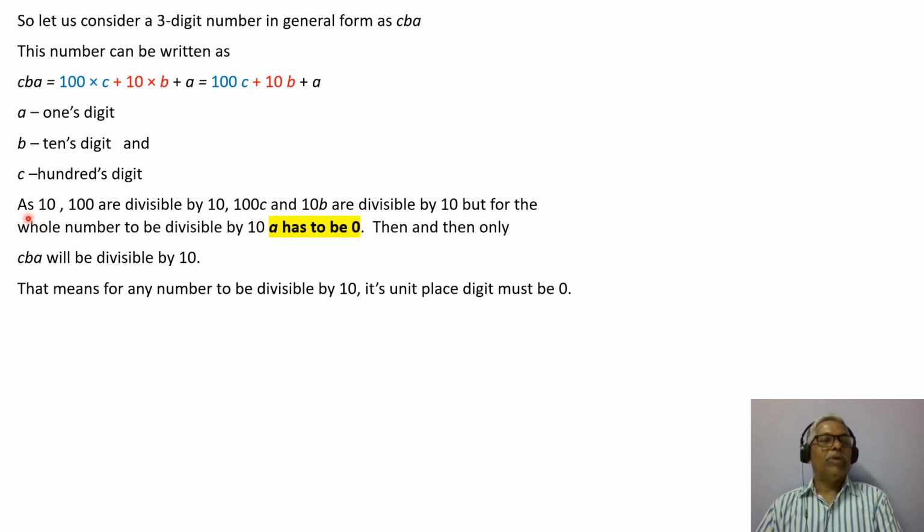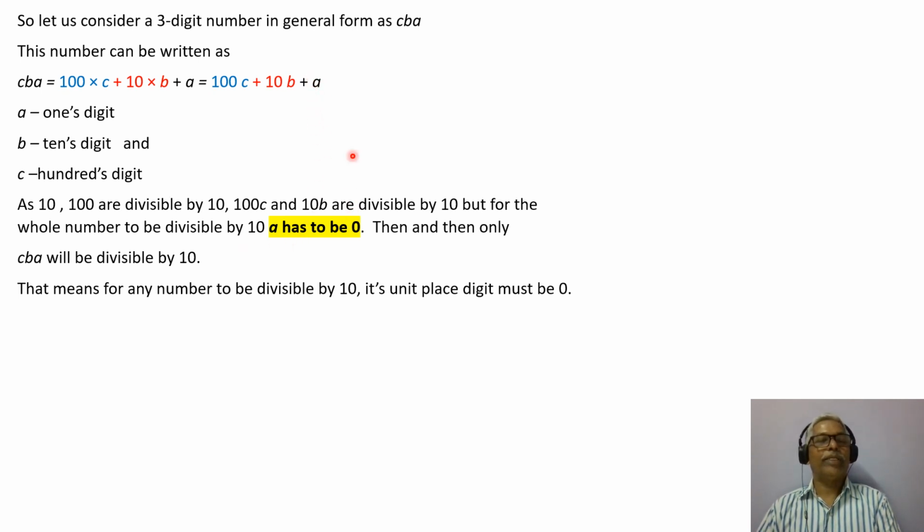Now see, 100C and 10B are divisible by 10. Got it? But for the whole number to be divisible by 10, A has to be 0. Getting this argument?